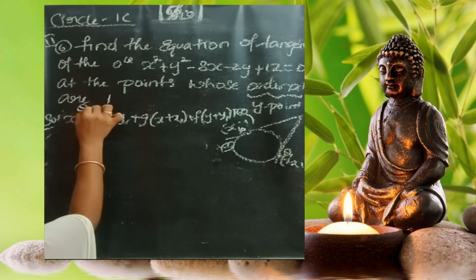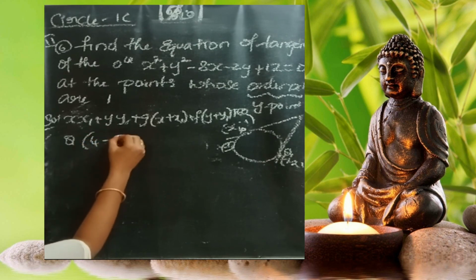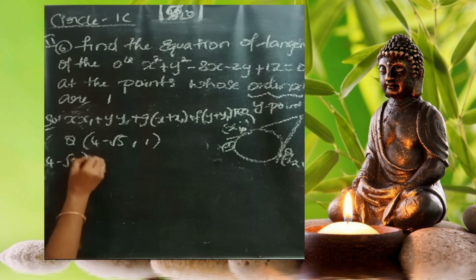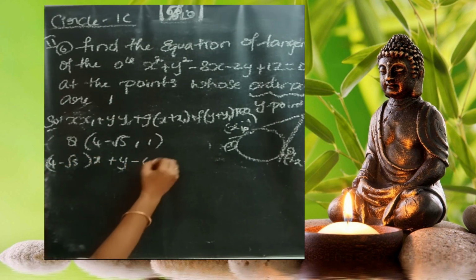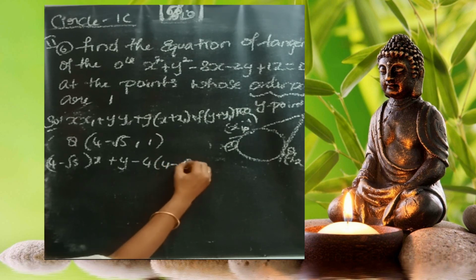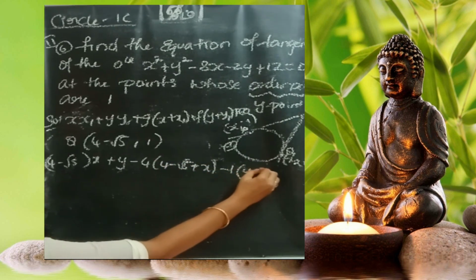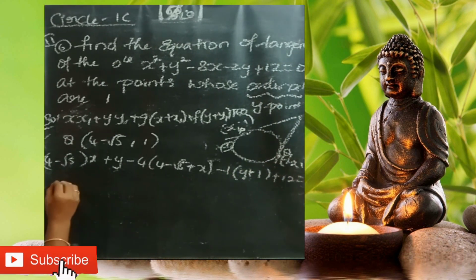Now Q is 4 minus root 5 comma 1. Then 4 minus root 5 into x plus y minus 4 into 4 minus root 5 plus x minus 1 into y plus 1 plus 12 equals 0.